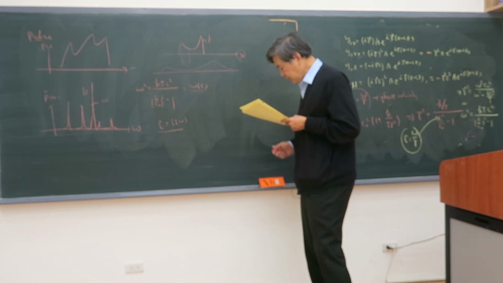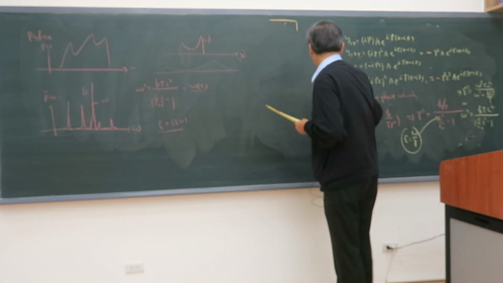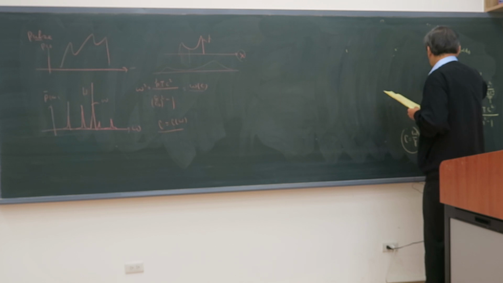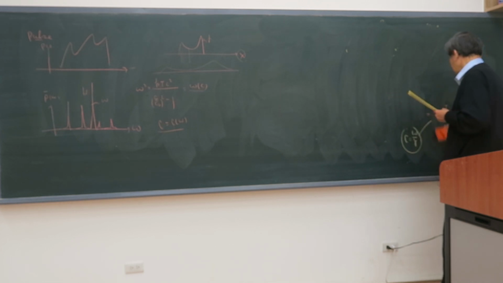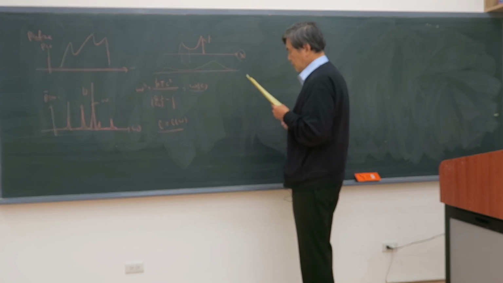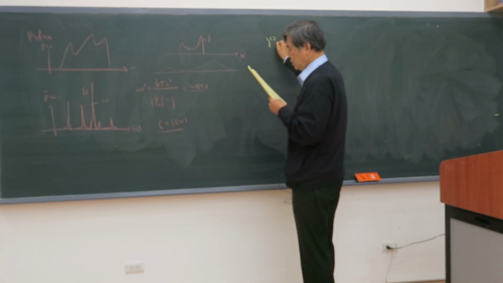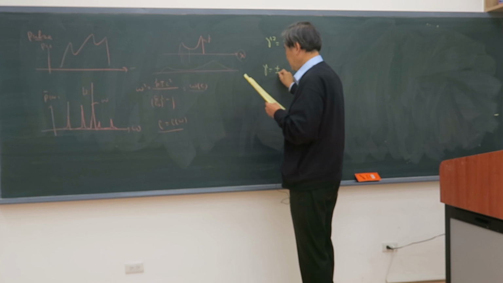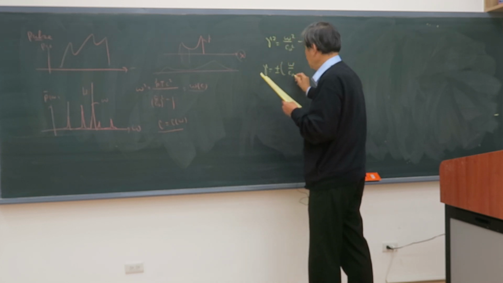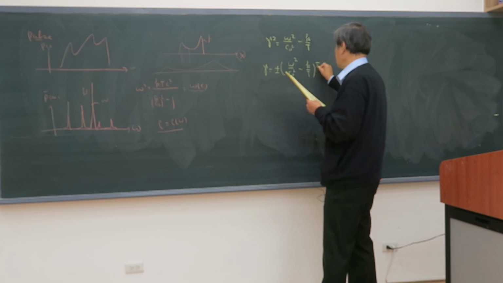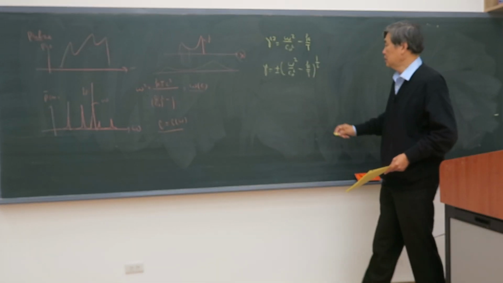So let's see further what we have for this relationship. γ² equal to ω²/c0² − K/T, so γ will be plus or minus the square root of (ω²/c0² − K/T).